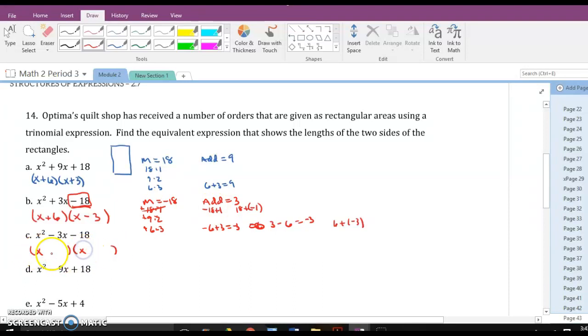Both of these are x's, one's positive, one's negative. If you remember the earlier exercises, that is what the sign is going to be. So what numbers multiply to give you negative 18? These are your factors. But you need it to subtract to give you 3 now. So minus 6 plus 3.